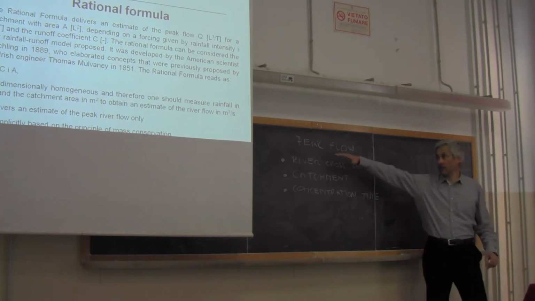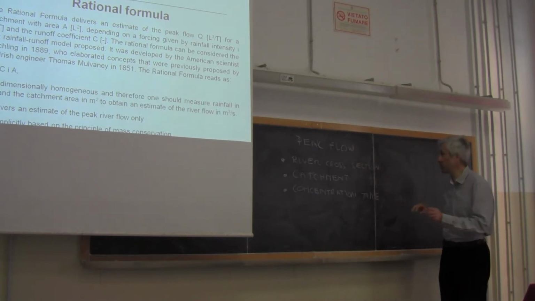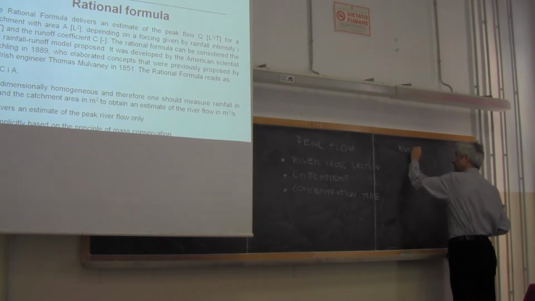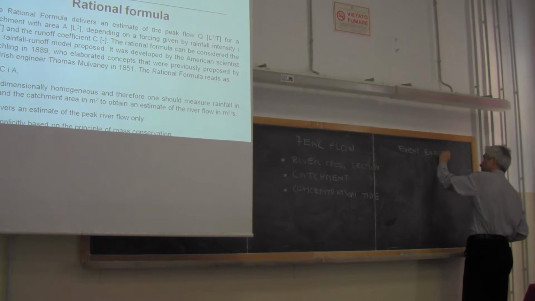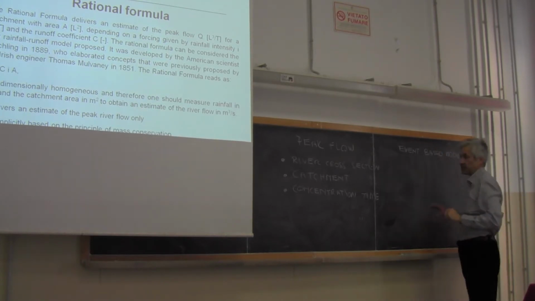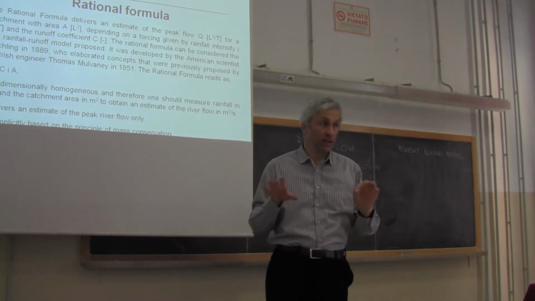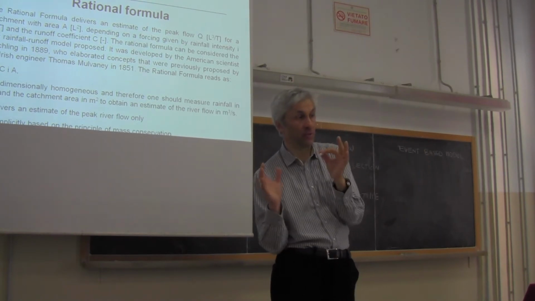As I said, this is a model for estimating the peak flow. It's typically called an event-based model. What does this mean? It means that it's conceived for simulating just one event, an event of rainfall and subsequent runoff.